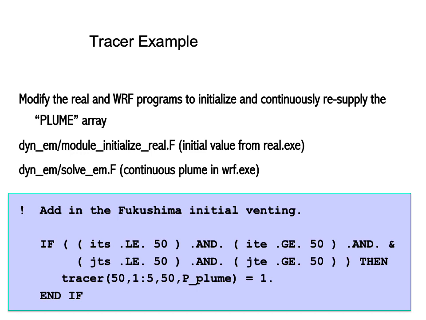The source code changes are also fairly simple. We have a domain that is 100 by 100. And again, that's just to make things very simple for us. In 2 locations, we're going to set a value of this tracer. Inside the real program, we're going to initialize the entire array to 0.